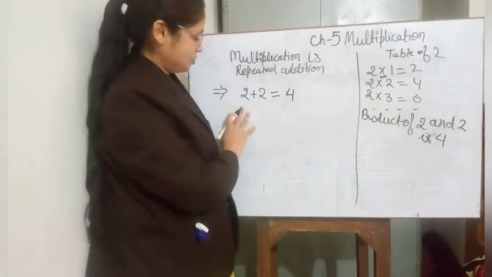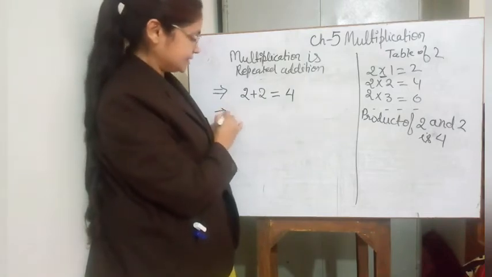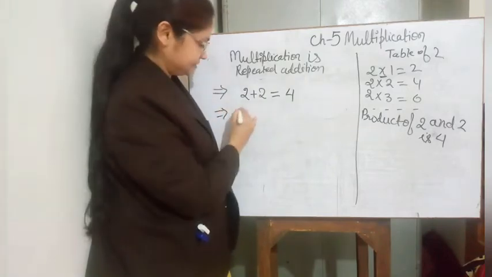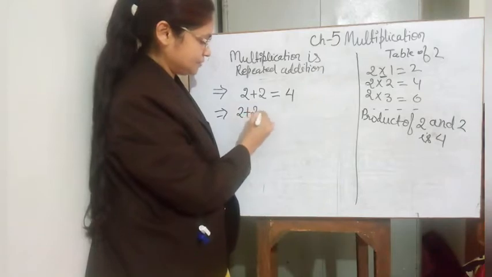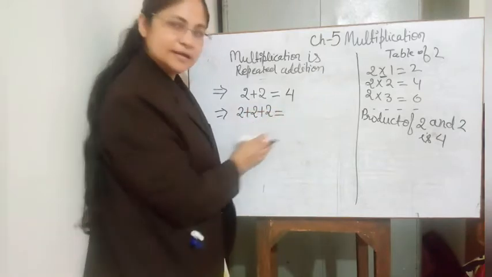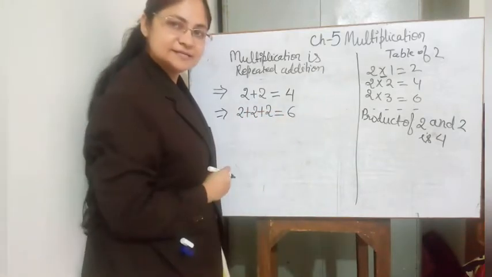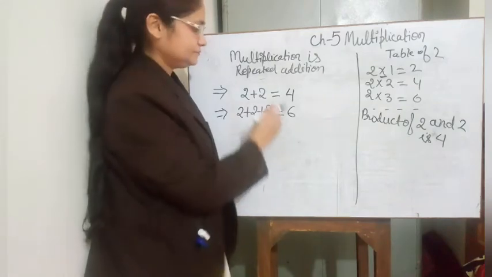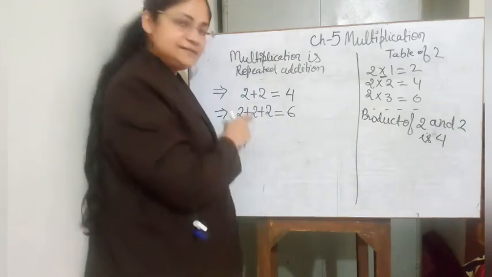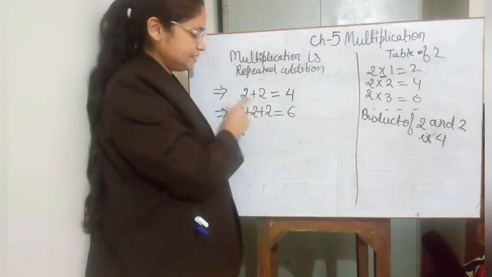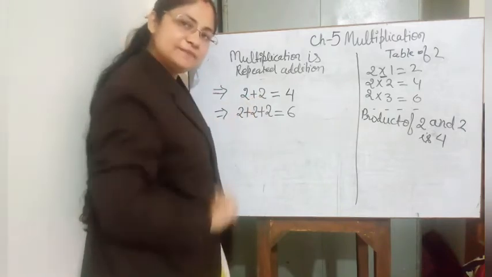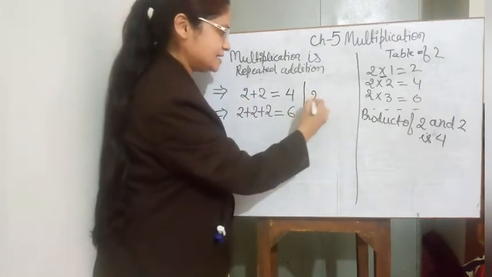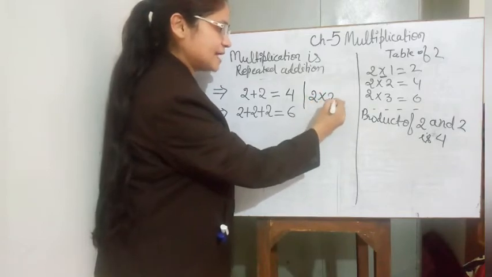Or if I am writing 3 times, 2 plus 2 plus 2, it is 6. Now, as you can see, 2 is repeated how many times? 2 times. So we can write it 2 multiplied by 2, 4.